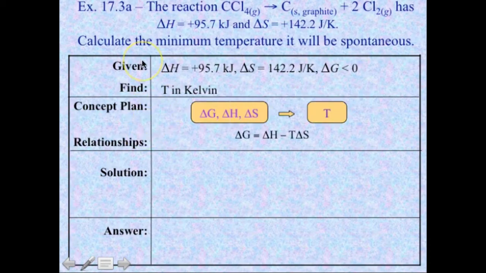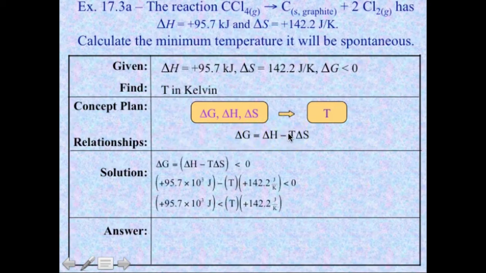And we're going to be using the free energy equation, delta G equals delta H minus T delta S, to come up with a solution to this. For the reaction to be spontaneous, delta G has to be a negative value, so this term, delta H minus T delta S, has to come out negative, has to be less than 0.